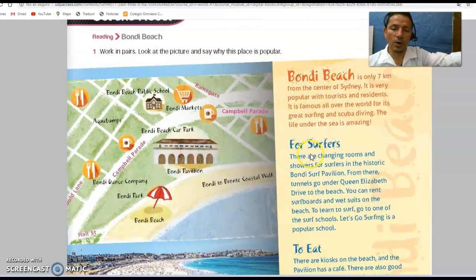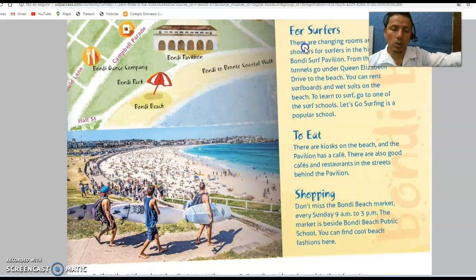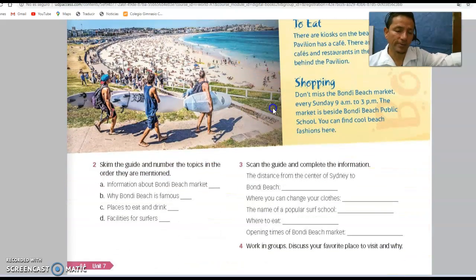It refers to one, two, three, or four. All right, so you need to know where it is, at the end or at the beginning of the reading. So perfect. Information about Bondi Beach market is shopping. It means it's at the end. So you're going to write 4.